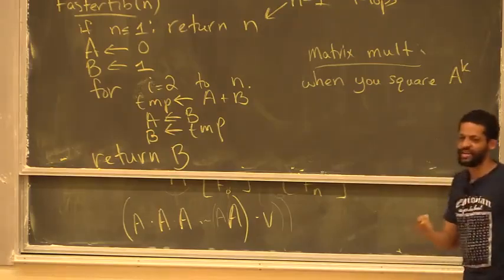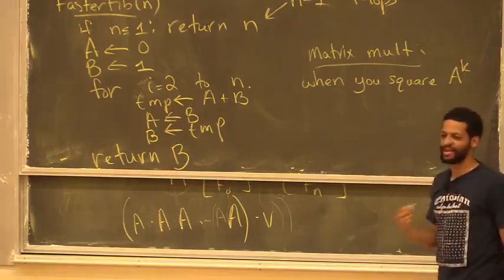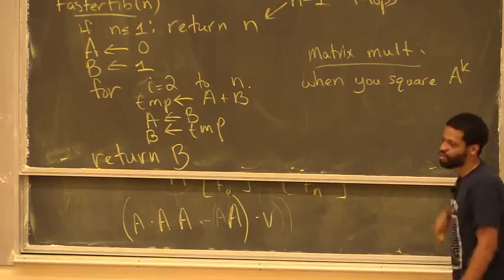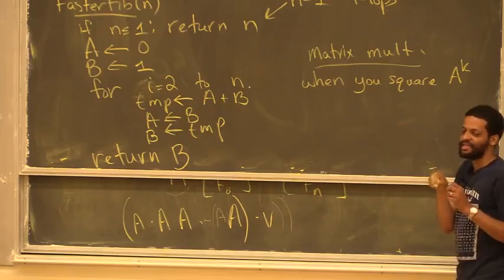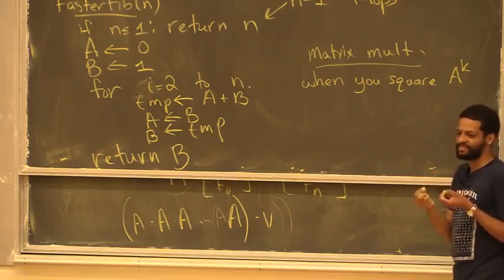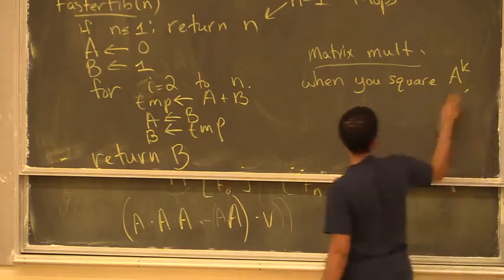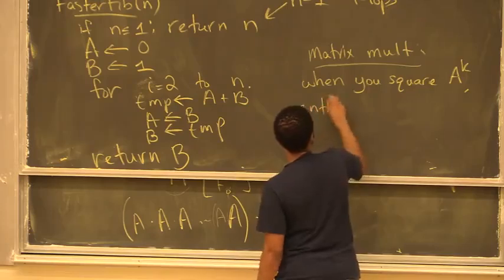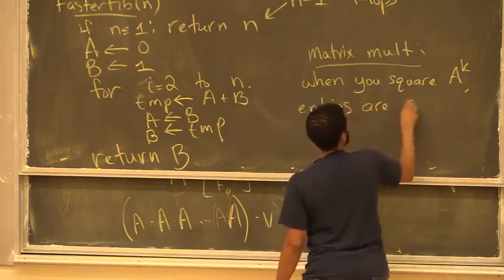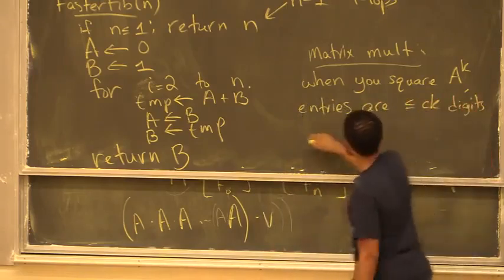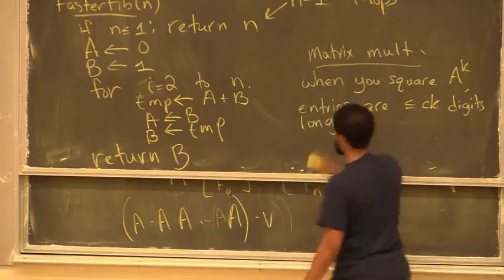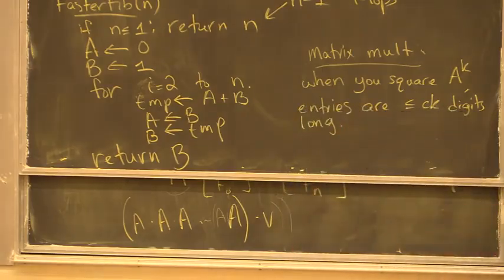So you start with a to the 1, then you have a squared, then you have a to the 4th, etc. So let's say you have a to the k and you square it. I claim the entries in a to the k are roughly k digits long, at most ck digits long. So multiplying them together takes time proportional to k squared.